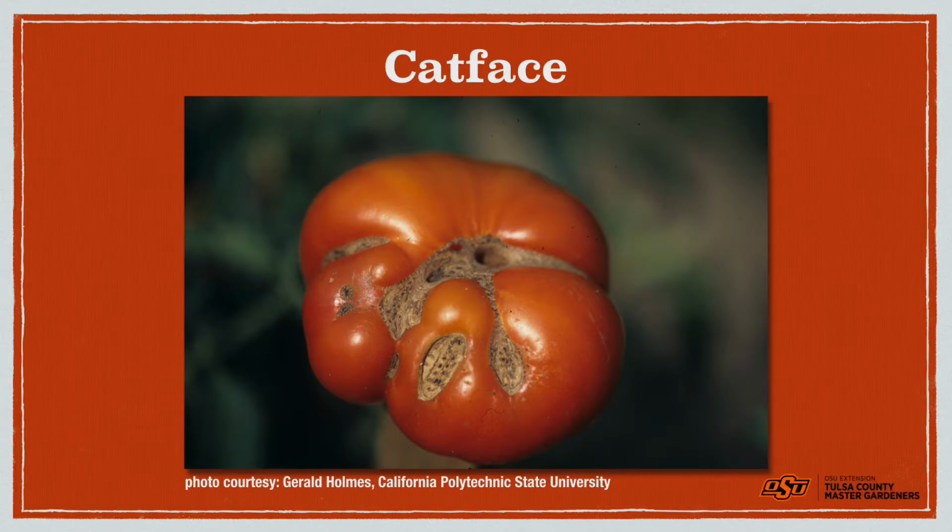Catface, which is kind of an interesting name, but again, an environmental thing. It is, and a variety thing too. You know those big beefsteak types and some of the big ones tend to have weird lines and cat facing on the backside. But in general this one is caused by low temperatures. It's gotten too cold.